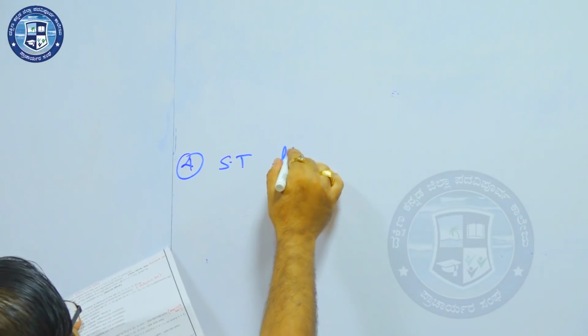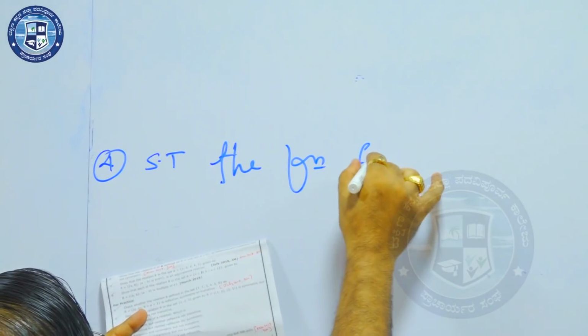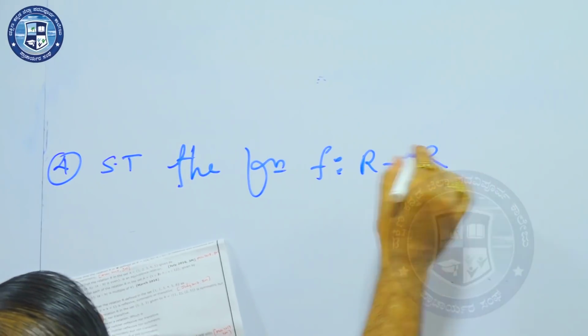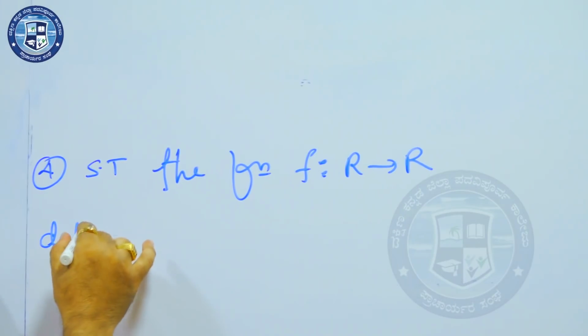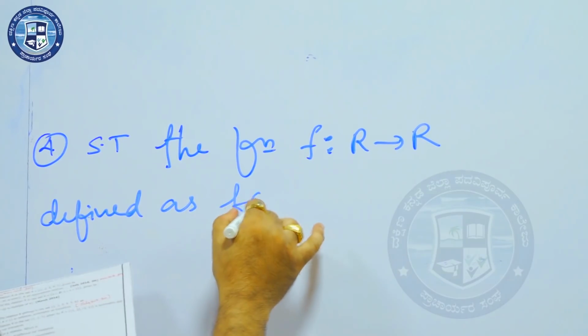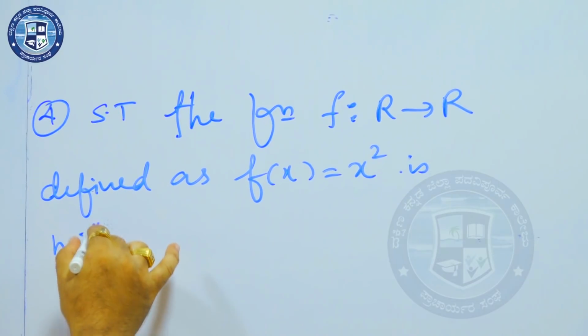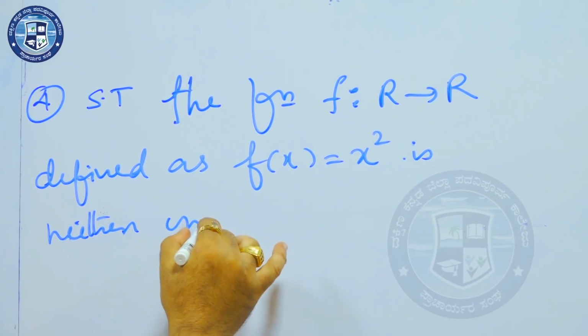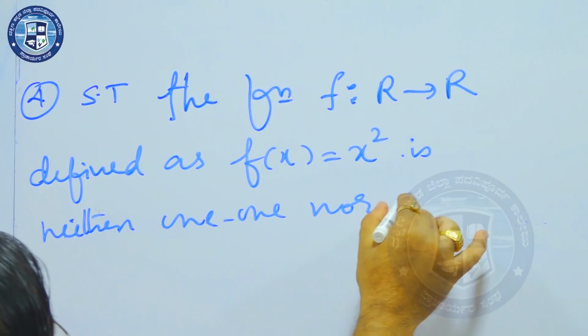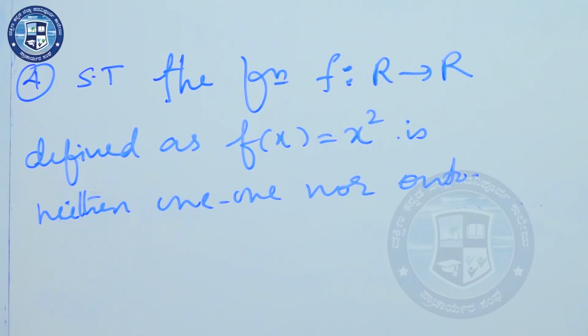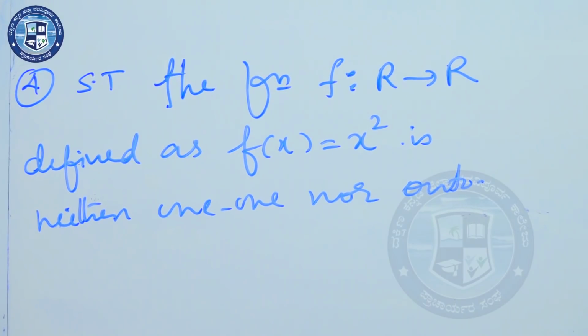Show that the function f from R to R defined as f of x is equal to x square is neither 1 to 1 nor onto. The function f from R to R defined as f of x is equal to x square is neither 1 to 1 nor onto.